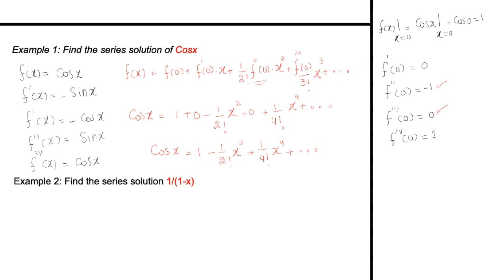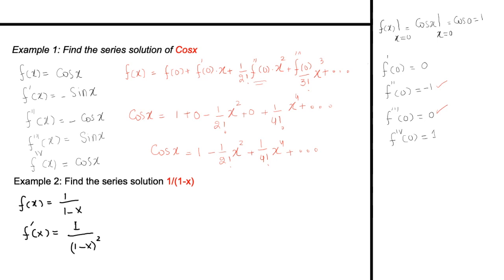Now we can find the series solution of the function 1 over 1 minus x. The function given is 1 over 1 minus x, so we can find the first derivative of the function, which will be equal to 1 over (1 minus x) squared.